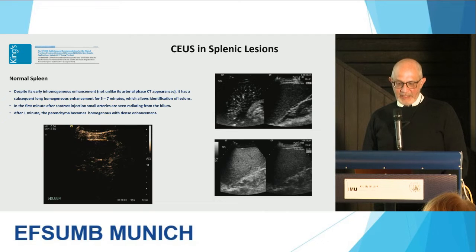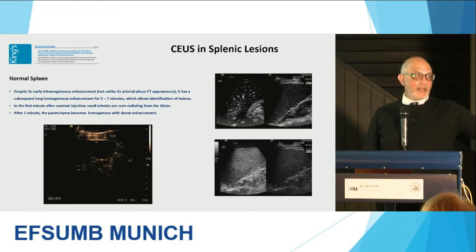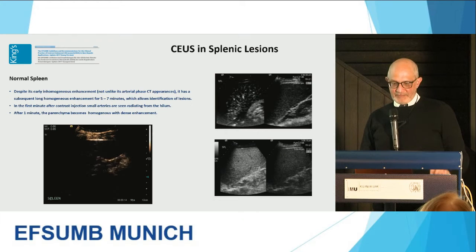The normal spleen behaves exactly as you would expect and see on a CT scan when you're doing perfusion. When you look at the CT scan, you get the zebra pattern.